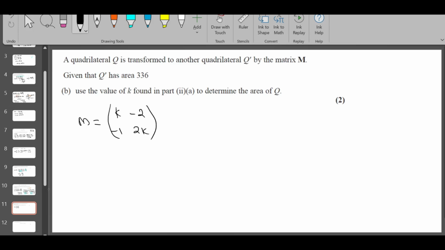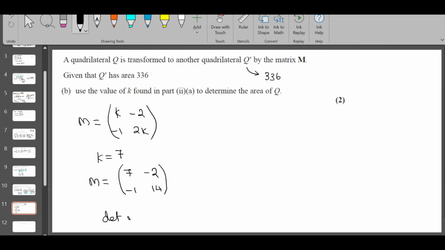This transformation transforms a quadrilateral Q into Q dash. Now the area of Q dash is given as 336 square units. Use the value of k found in part 2. The value of k found in the previous part is 7. So M is basically 7, minus 2, minus 1, and 2 sevens are 14.